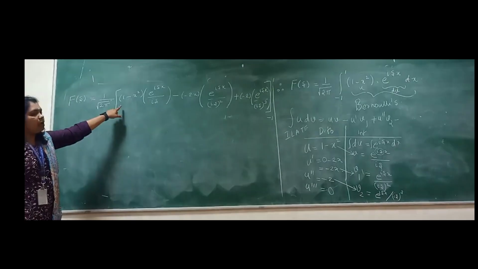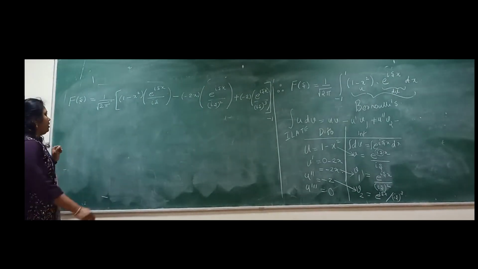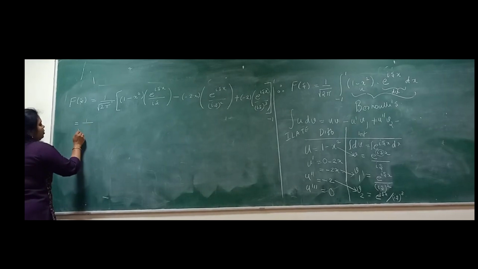Now I am going to apply the upper limit first minus the lower limit, which is 1 by root of 2 pi.